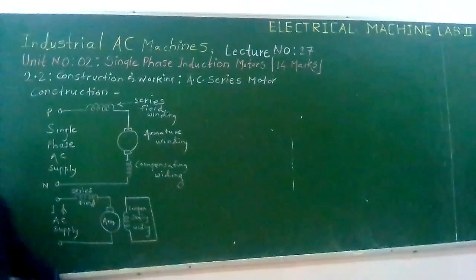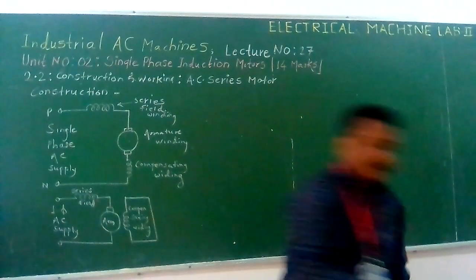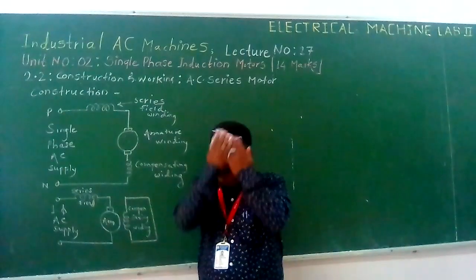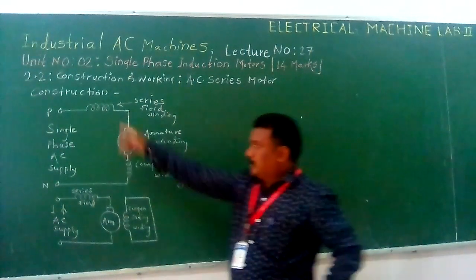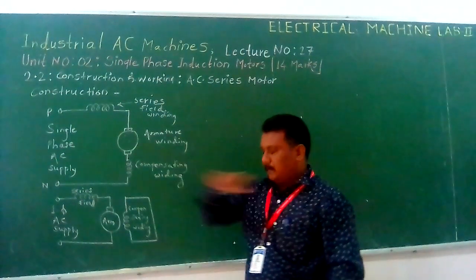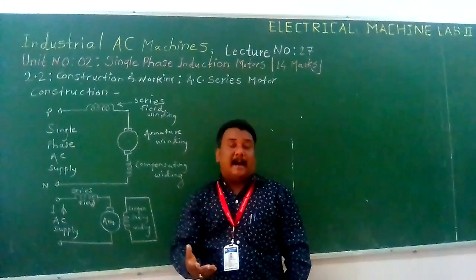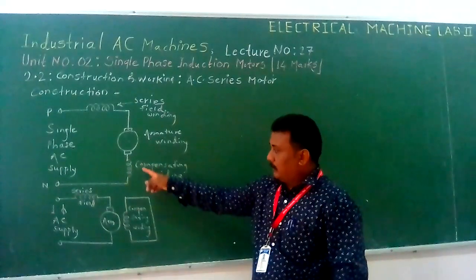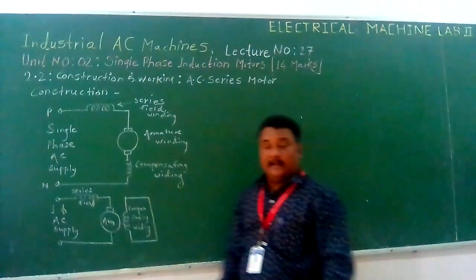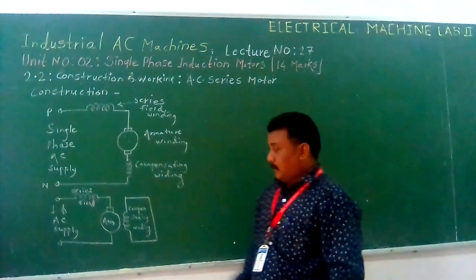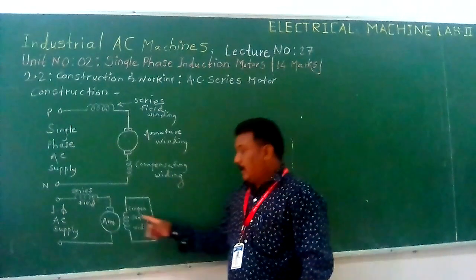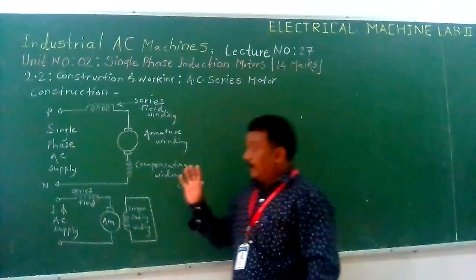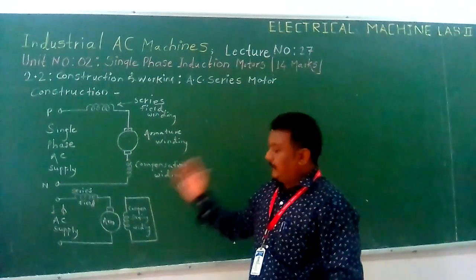So this is the construction of the AC series motor. It consists of three types of winding. The first one is the series field winding, the second one is the armature winding, and to minimize the armature reaction, a compensating winding is used. In the first figure, the compensating winding is in series with the armature winding. In the second figure, the compensating winding is parallel with the armature winding, and it is short circuited. So this is the construction of the AC series motor.